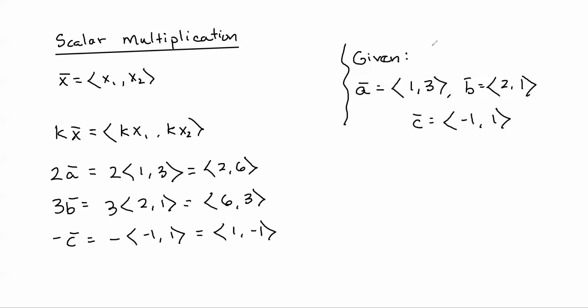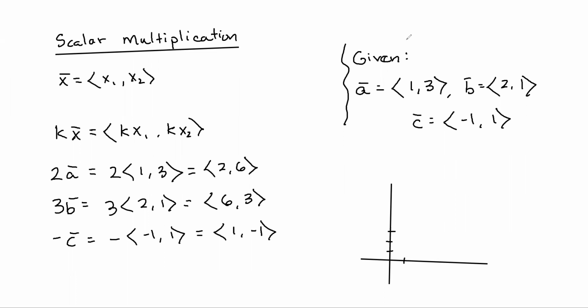So those are all examples of scalar multiples. And just like with the others, you can check that this does match with our definition from earlier. If we've got A is 1, 3, so let's say that's A, then 2A is going to be 2, 6.